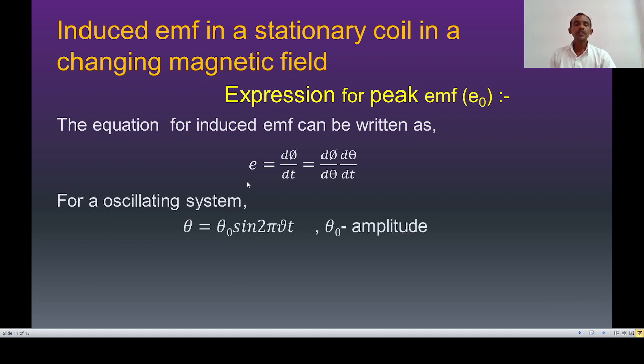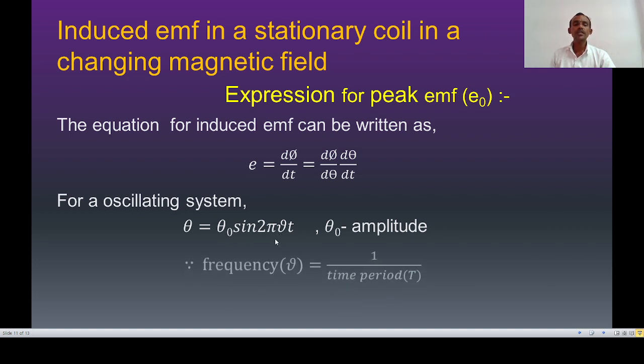For that we can consider an oscillating system. For an oscillating system we can write the equation for angular displacement, that is theta is equal to theta 0 sine 2 pi nu t, where theta 0 is the amplitude of that oscillation and nu is the frequency of oscillation.